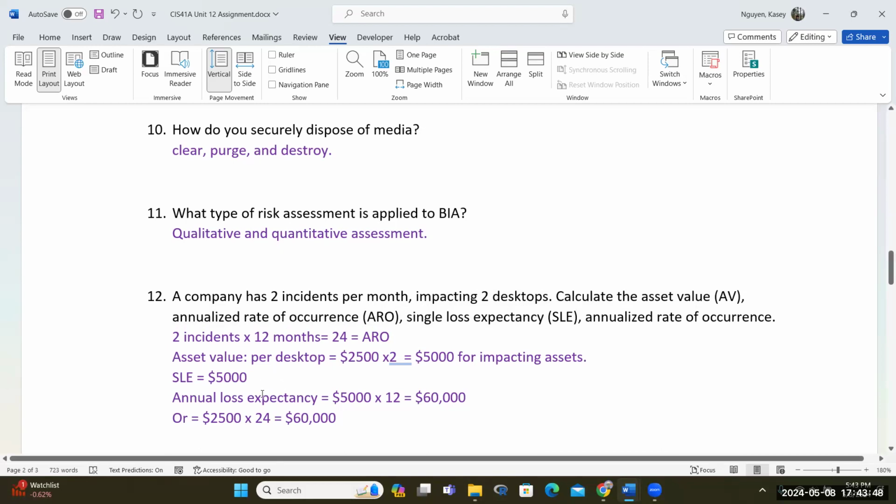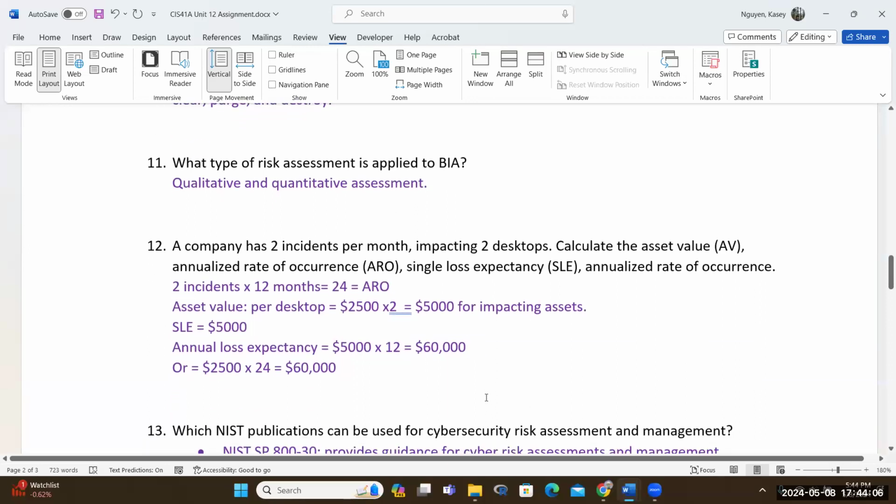So your annual loss expectancy, so a single loss expectancy is $5,000. And we would multiply that by 12 because each month we might lose $5,000. So in a year, we might lose $60,000 because we take 5,000 times 12. That gives us $60,000 that we might lose.